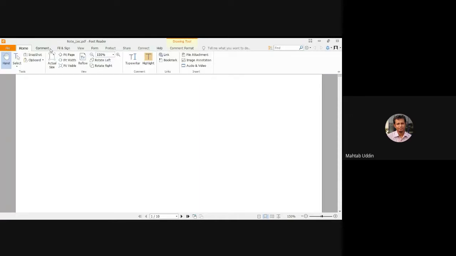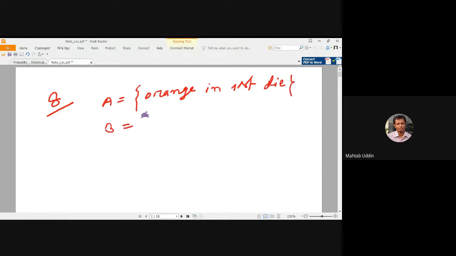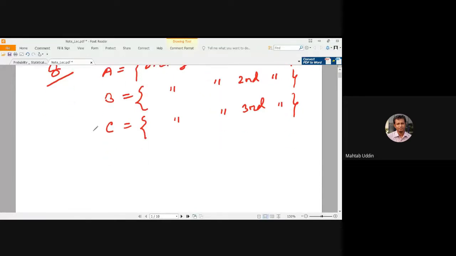So we can write here number 8. You can say A is orange in first die, B is orange in second die, and C is orange in third die.